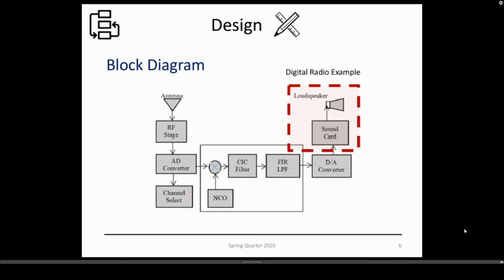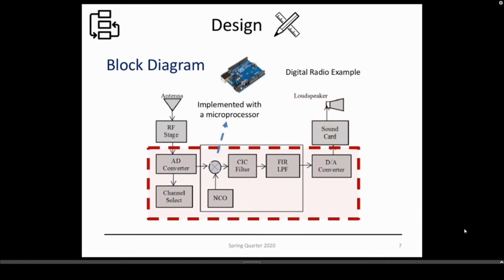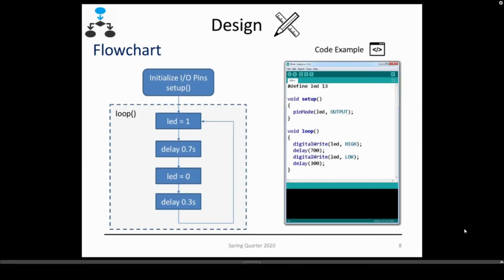Going back to our original block diagram, now let's zoom in inside of parts of the system that are done with a microprocessor or a computer. In that case, we have a bunch of code. This is an example done using Arduino, and we're going to use flowcharts.